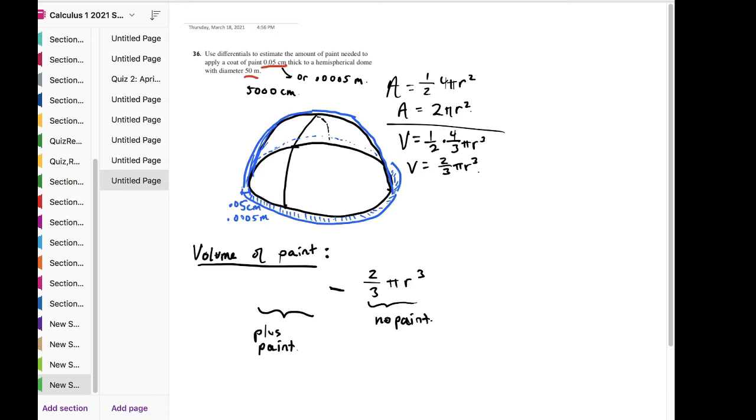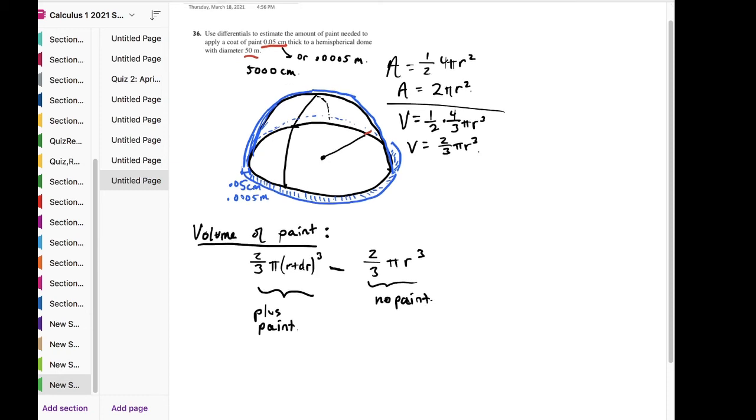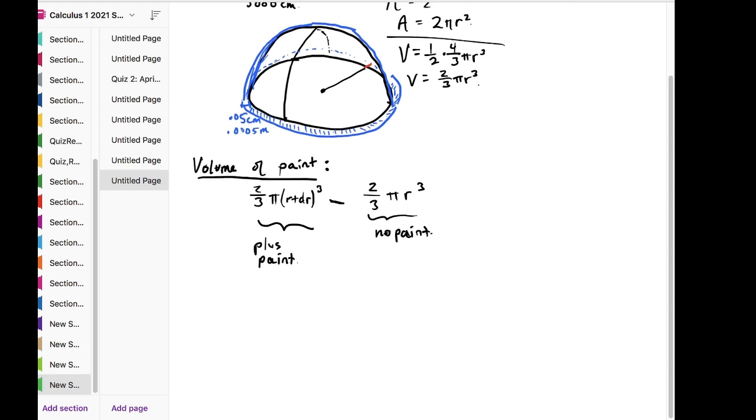Right, if this is r, then you're going a little bit extra. So 2/3 pi (r plus dr) cubed. Okay, so this is what we want. We want to find this.